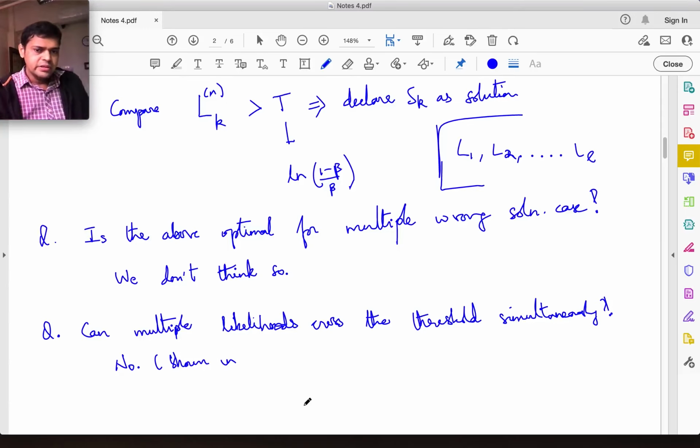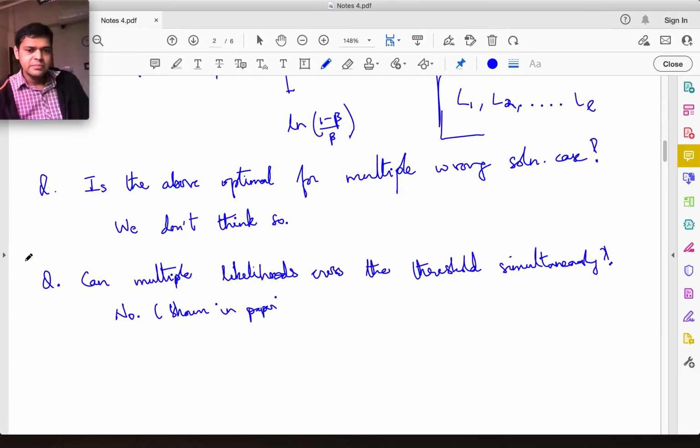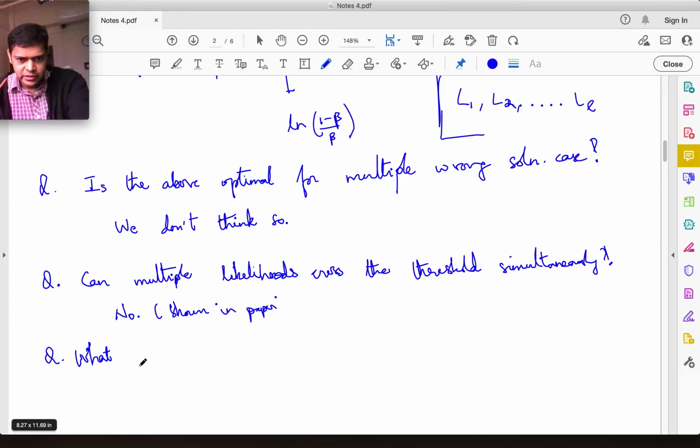Then the other question is that, given that we have this particular algorithm for miracle, when multiple solutions are submitted, what should the attacker do? So what is the adversary's optimal strategy?